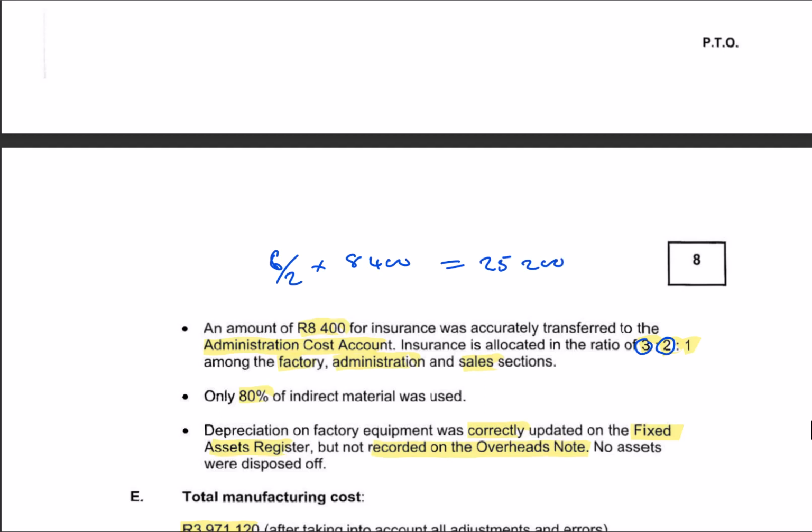Then you apportion this 25,200 in the ratio that you are given. So that will be 3/6 times 25,200, which gives you 12,600. It gives the same answer, but the one I used was the shorter way, so you'll be able to move fast.